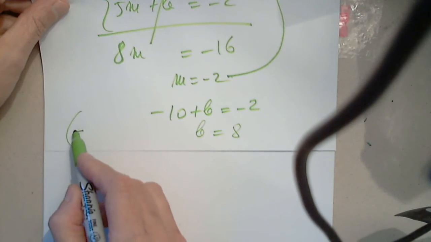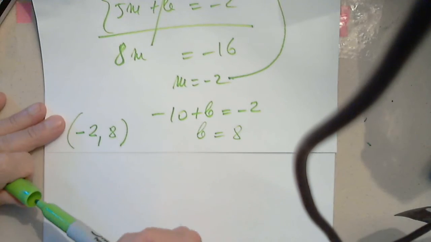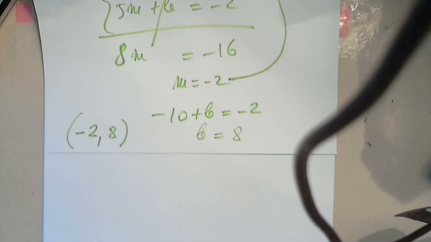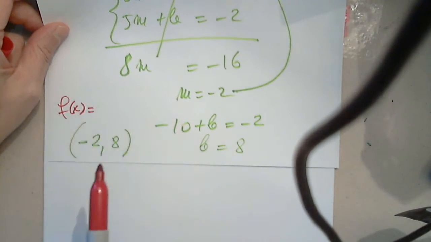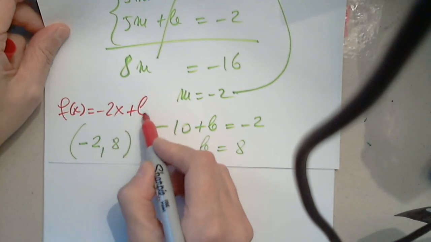So I claim that the solution is -2, 8, but it's good, but it's not good enough. I don't need anyone to tell me whether that's correct or not. I'll go back to the original system and make sure this is okay. I claim the function is -2x plus 8.